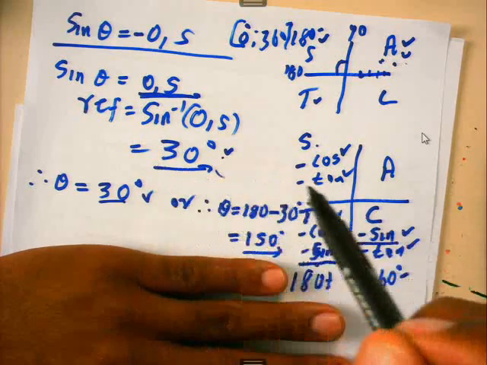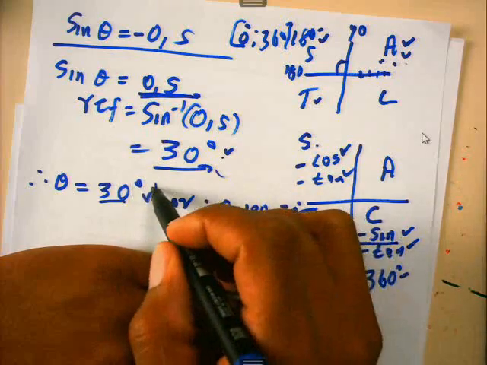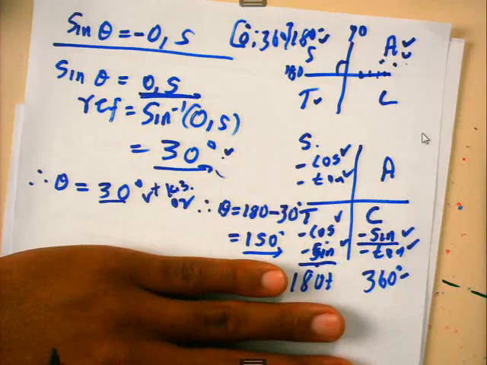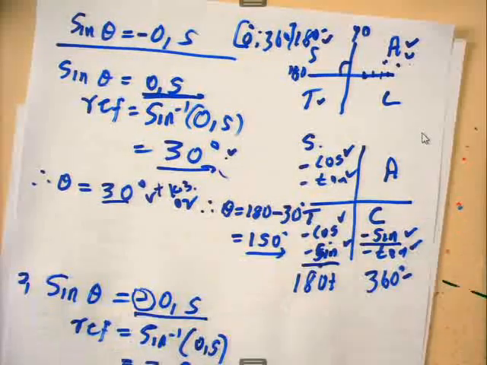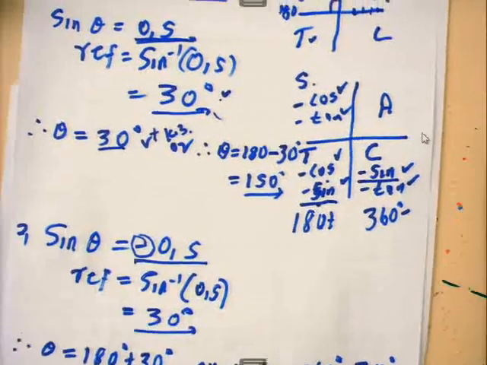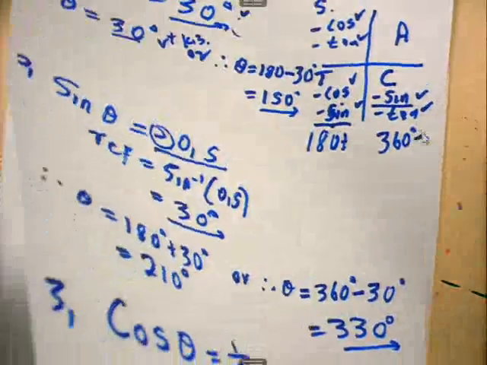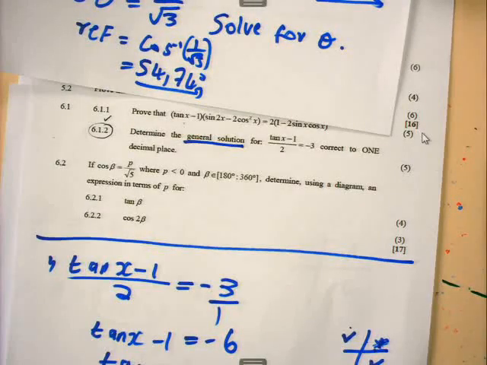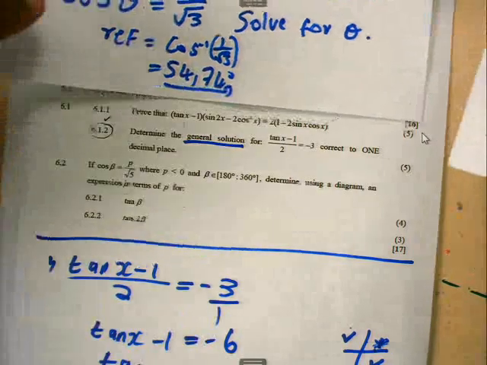If the period of sine is 360, then I just say this one will be plus k times 360. It is very, very important, because that's how you determine the general solutions. There are a lot of marks under the general solutions.